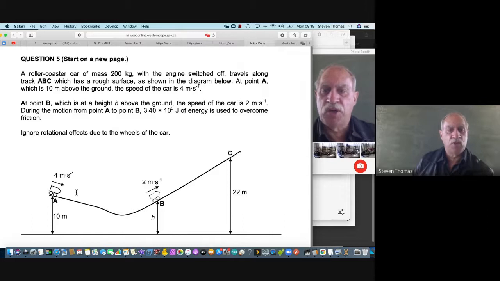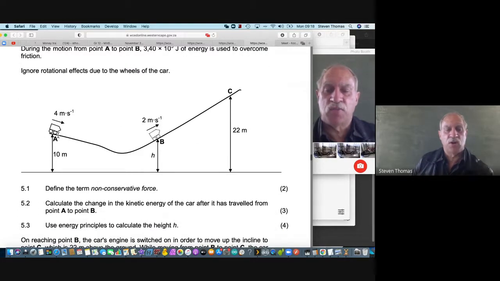At point B, which is a height h above the ground, the speed of the car is 2 meters per second, so it's got slower. During the motion from point A to B, this number of joules of energy is used to overcome friction. Okay. Ignore rotational effect due to the wheels of the car.